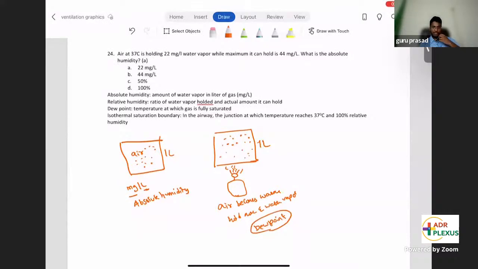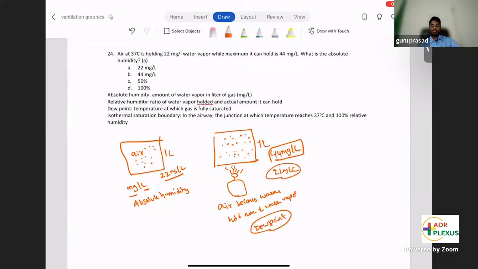So from this, what you understood is, whenever you heat the air, its capacity to hold the water vapor will increase. So let us assume here air is holding 22 milligram per liter water vapor, and after heating, its capacity is increased, it can hold 44 milligram per liter. But when you measured, it is holding only 22 milligram per liter.